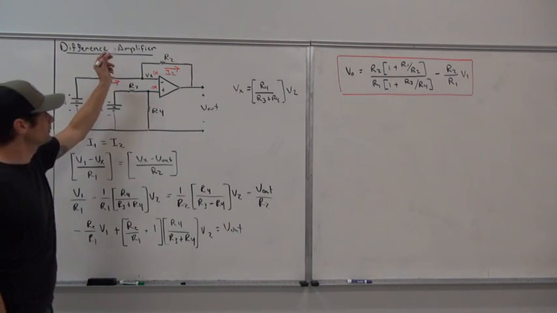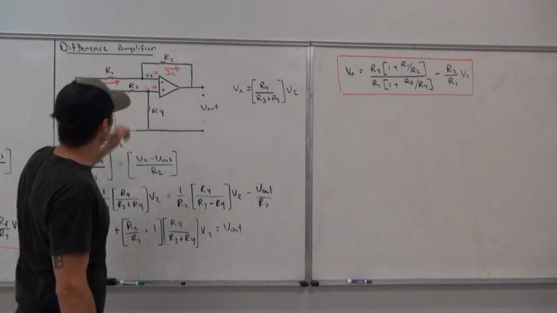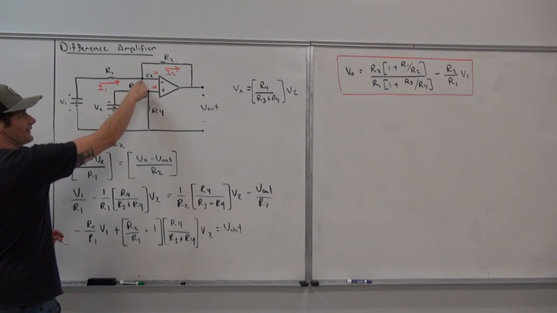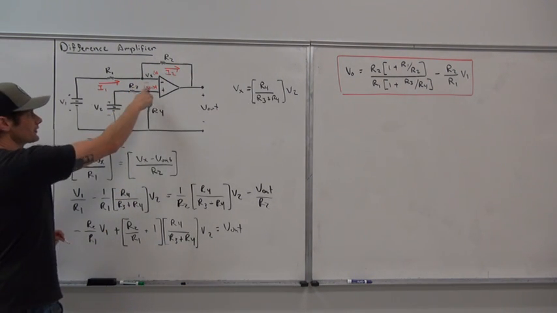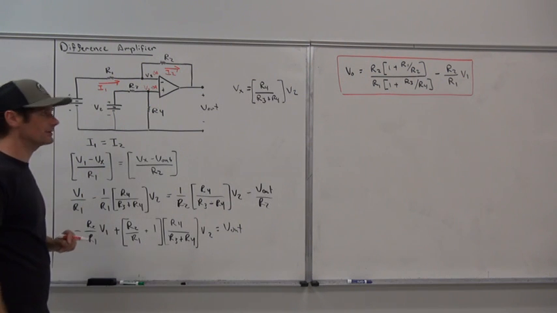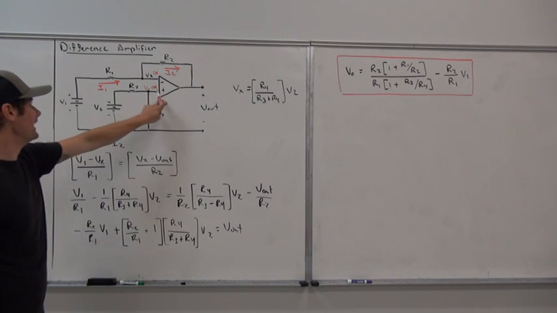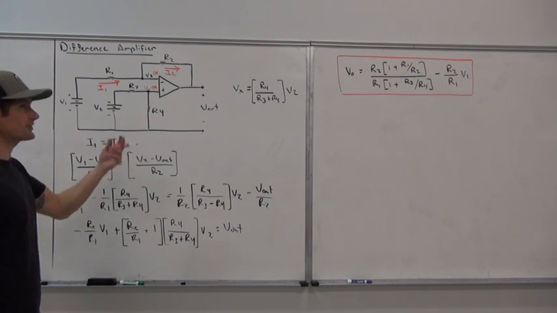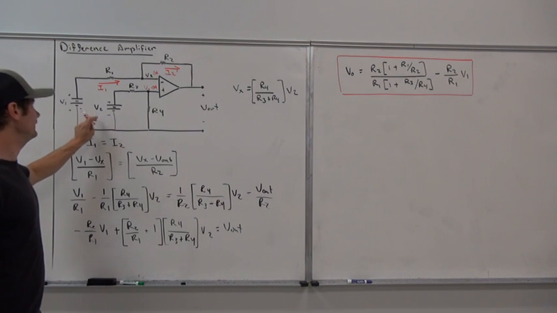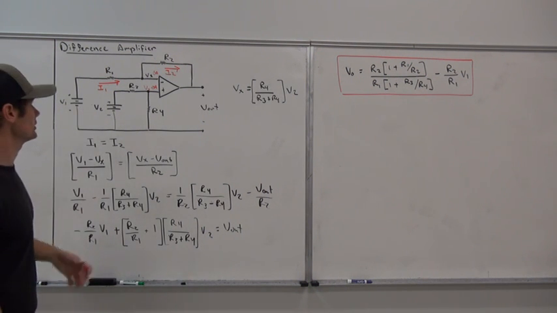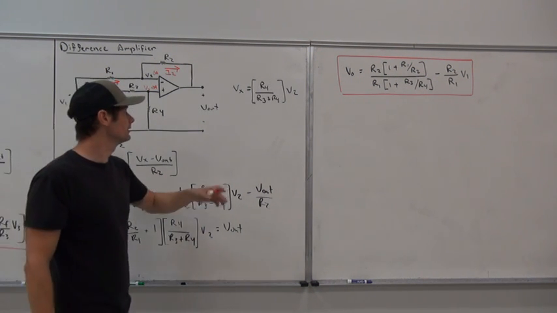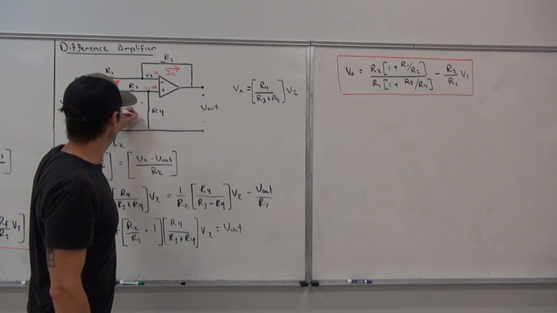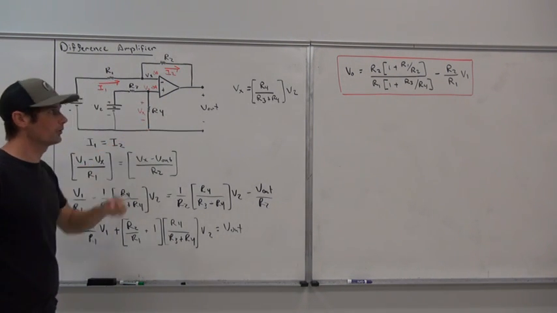But whatever this voltage has to be right here, Vx, is going to be the same voltage at that node. So because there's no current flowing into the operational amplifier, the voltage at the positive terminal is just going to be a proportion of V2 based off voltage division. And so by voltage division, Vx just exists across R4.